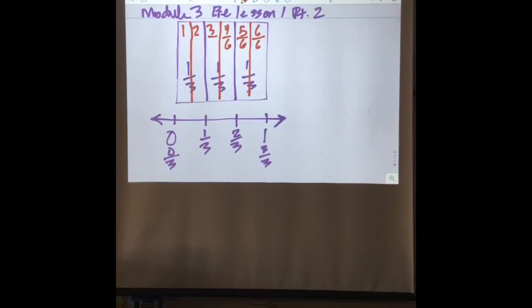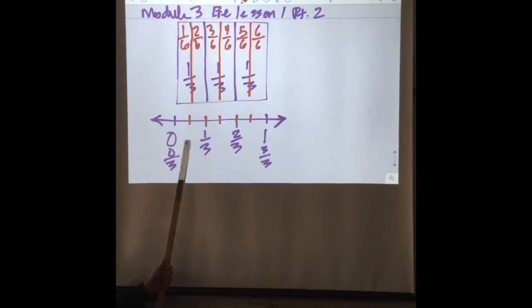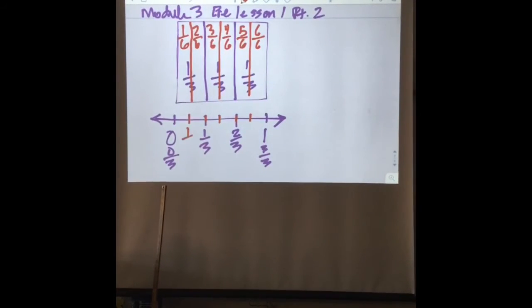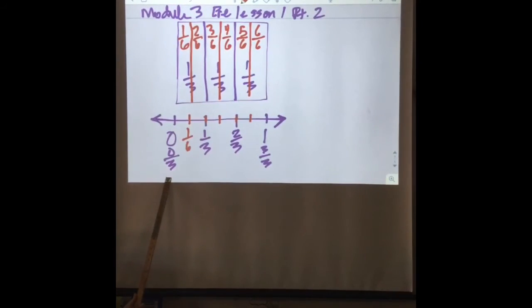Okay, so just draw that out. Now, if I'm going too fast for you at home, feel free to stop the video and write things down, okay? So what's going to go here? 1/6. Hey, what should we have started with? 0/6, yeah. I know, it's hard to get used to that, isn't it?